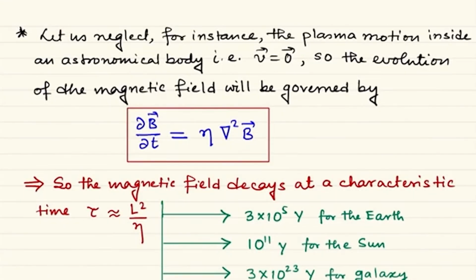Now, once again, in order to approach this problem, we have to start from some point which is very simple, and then we will try to sophisticate step by step. So let us first neglect, for instance, the plasma motion inside an astronomical body.